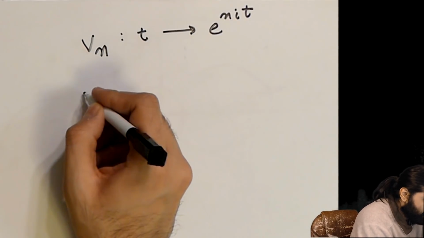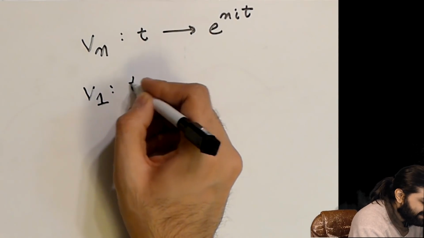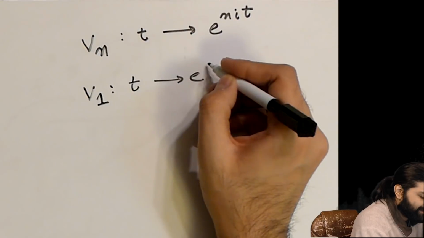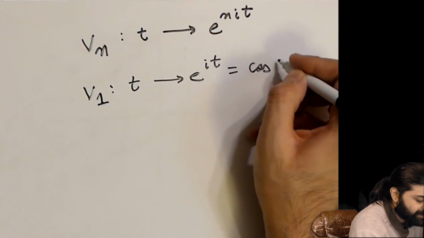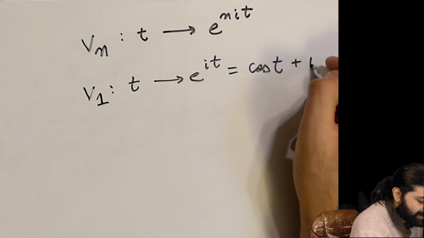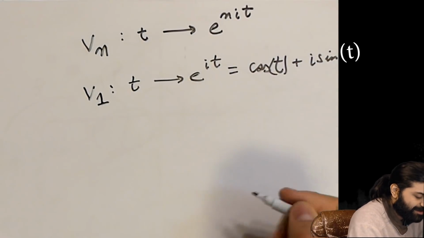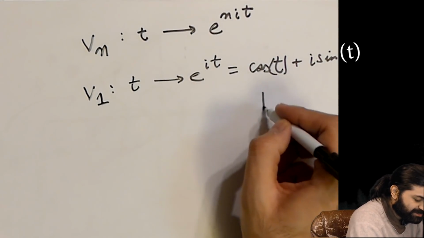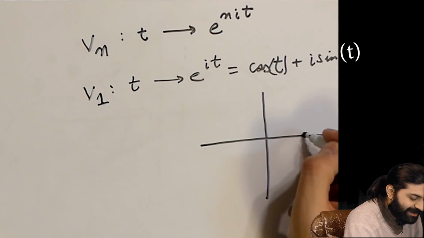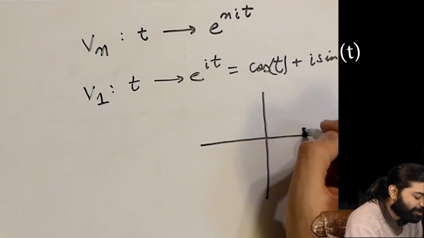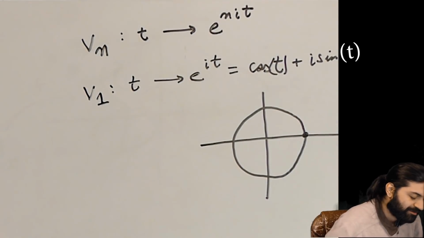What is V_1? Well, V_1 has the formula t maps to e^(it), which, if you remember, is the same thing as cosine t plus i sine t, which, if you draw it out, is just you start at 1, and you go around the origin once in a circle of radius 1.